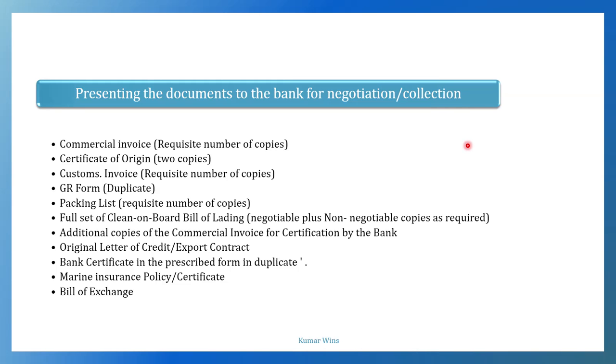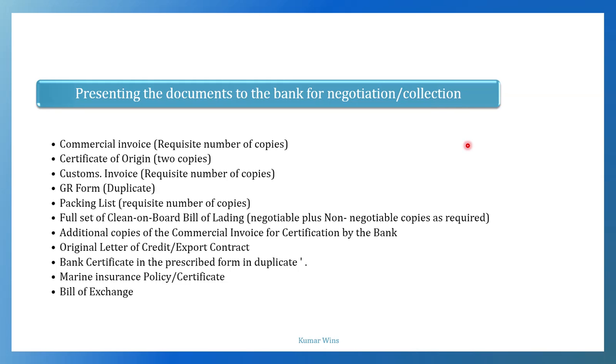There could be some number of copies which the bank might ask you, so you need to submit 2 or 3 or 4 copies of the commercial invoice. Then certificate of origin, 2 copies of the certificate of origin. Then customs invoice, again they will ask you for a certain number of copies, so you need to submit those copies. Then GR form in duplicate.